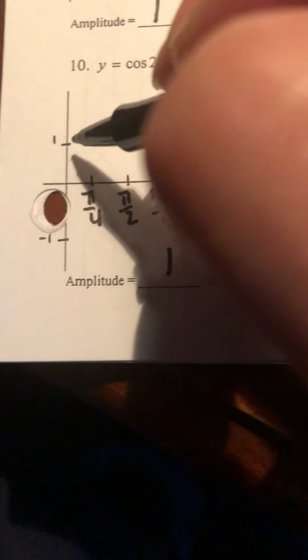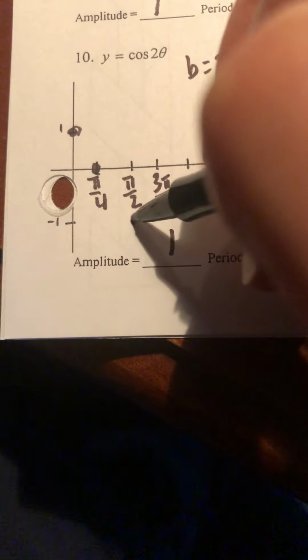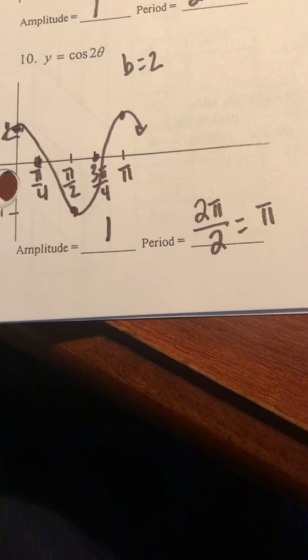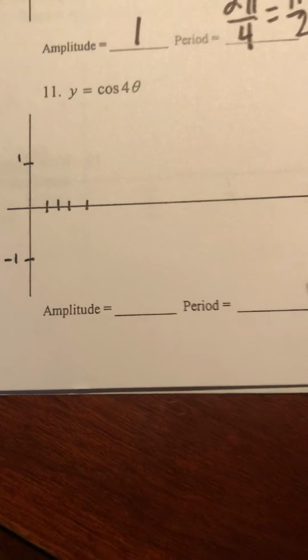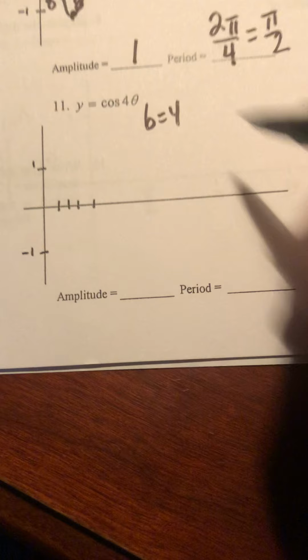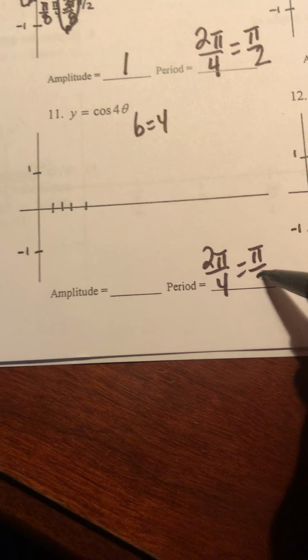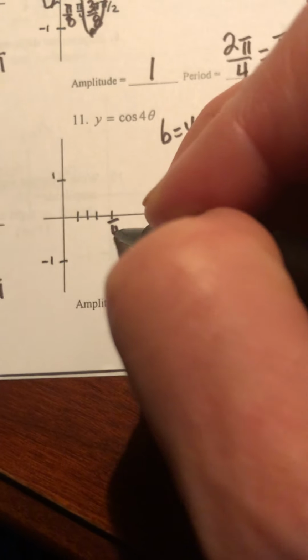Amplitude still stays 1, and then we follow the same pattern of the cosine wave. Cosine of 4 theta, the b is 4, so just like above, it's 2 pi over 4, which is pi over 2. We split that into quarters. 1/4 of a half is 1/8, so 1/8, 2/8, 3/8, 4/8.